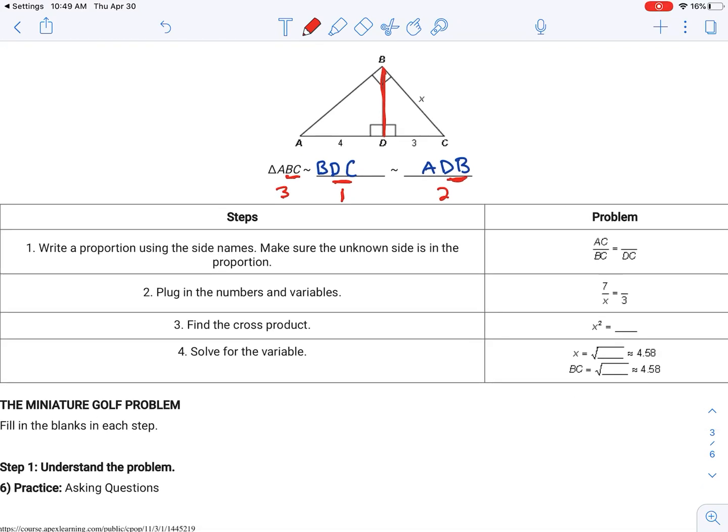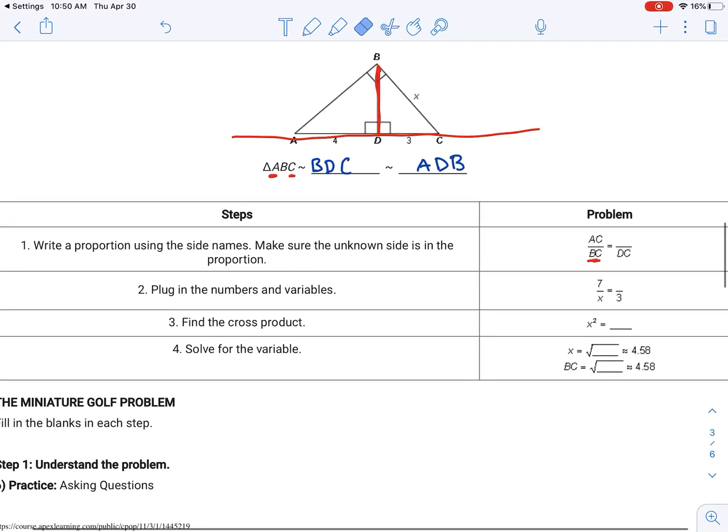Write a proportion using side names and make sure the unknown side is in the proportion. This does AC over BC. AC is right here. Remember how that was the hypotenuse of the whole big triangle? And then it's lining it up with BC.